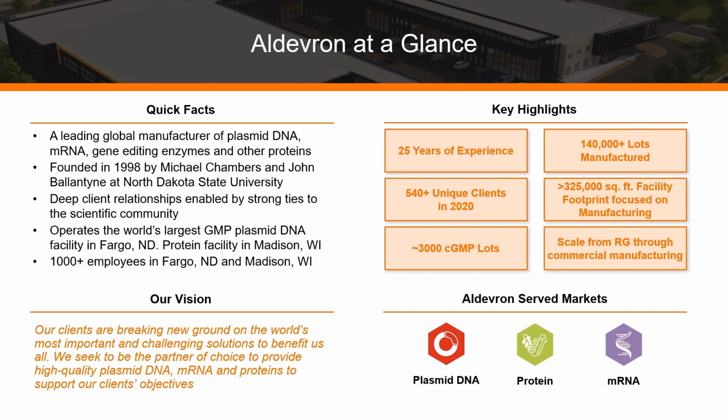We've grown to well over 1,000 employees across all of the Aldevron sites, and Aldevron continues to be rapidly expanding. One of the exciting parts is we've reached a milestone in Aldevron's history: we've been in business for 25 years.